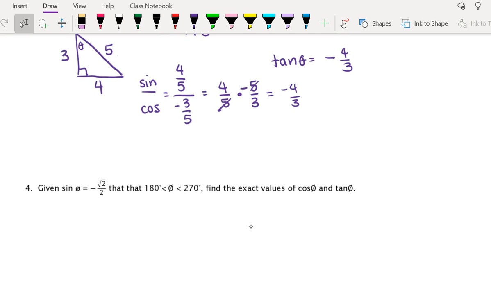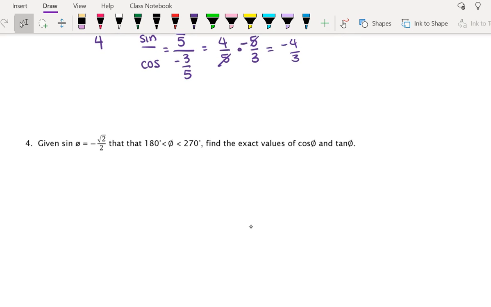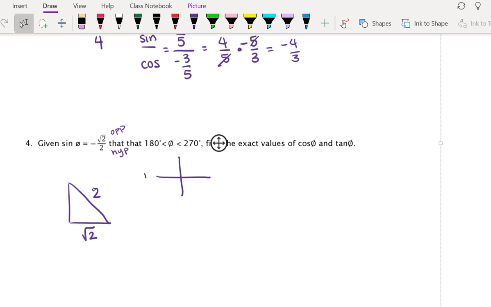So given that sine theta is equal to -√2 over 2. Sine is opposite over hypotenuse. So I know a triangle has an opposite of square root of 2 and a hypotenuse of 2. Theta is between 180 and 270. Here's 180 and here's 270, so that means we're in quadrant 3.